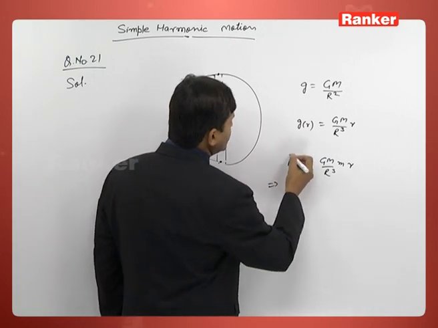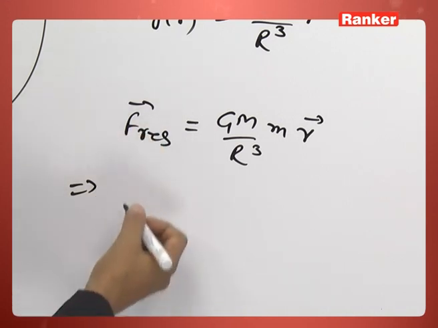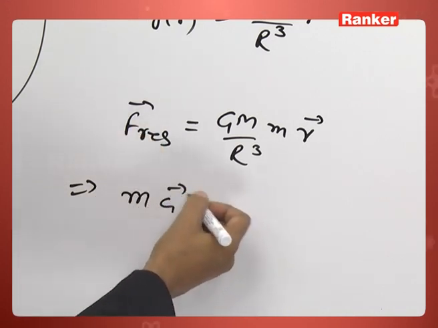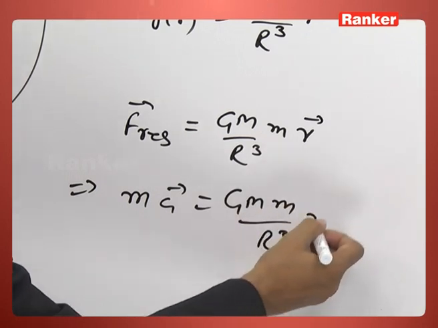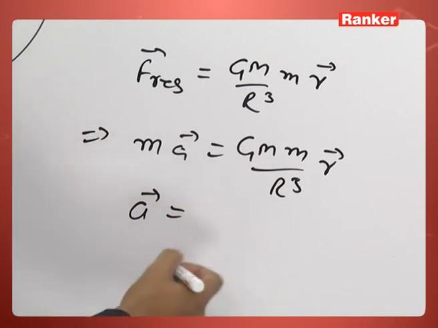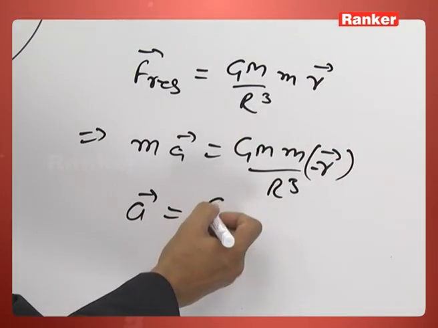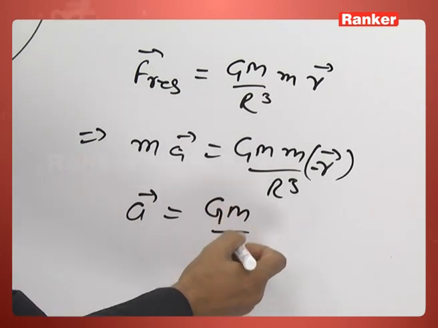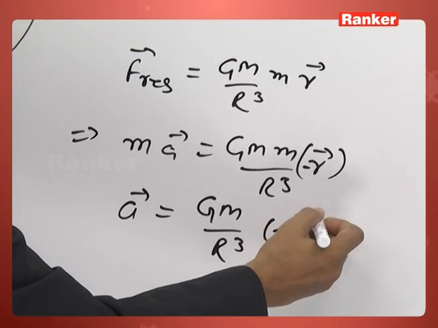So, the direction of this force and r is opposite. Now, m into a is GM m by r cube into r. So, a is equal to minus GM by r cube into r.